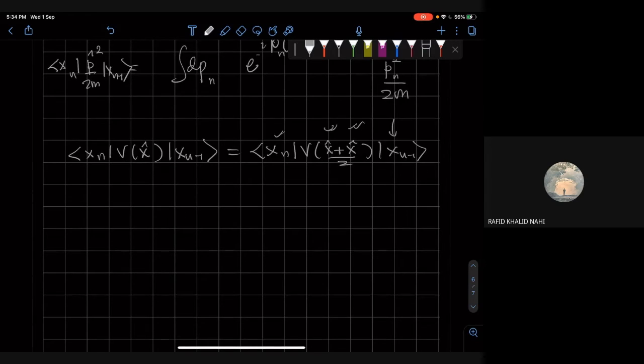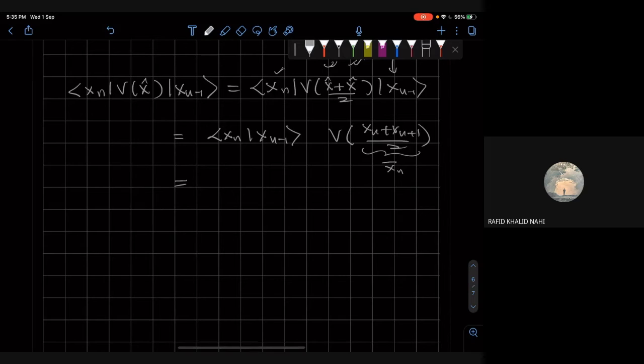So as a result, we are going to get x n minus 1, V of x n plus x n minus 1 by 2. This is the average value. Let's call it x bar n.